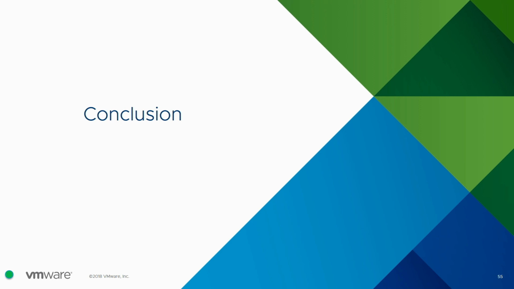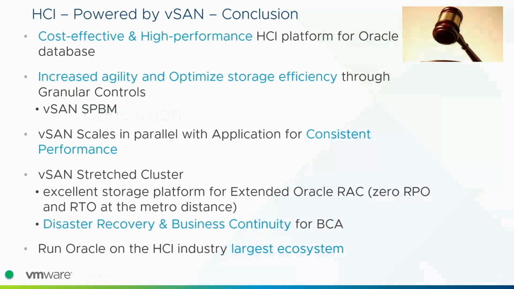Okay, here's some conclusion. First of all, you want cost-effective, high performance. This is what vSAN can bring to Oracle. If you already run Oracle on vSphere, think of migrating Oracle to vSAN. You can start by contacting the TAM to get a POC done and see what benefit vSAN can bring to you.